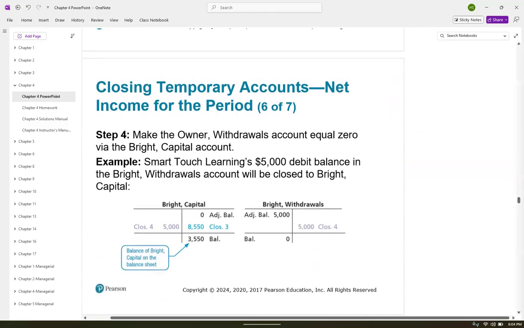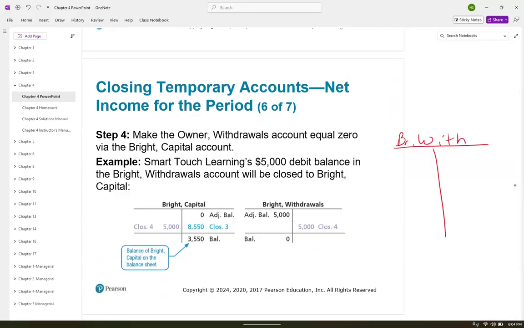The owner, Bright, had withdrawals, a $5,000 debit, right? We've got to make it zero because it is a temporary account as well.